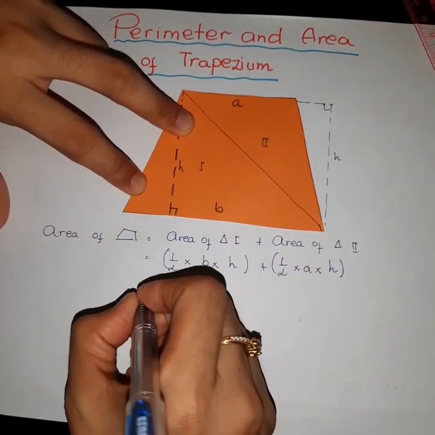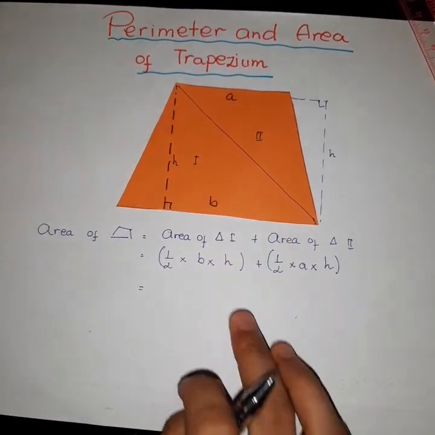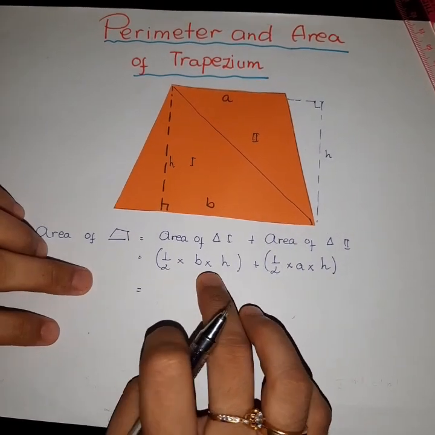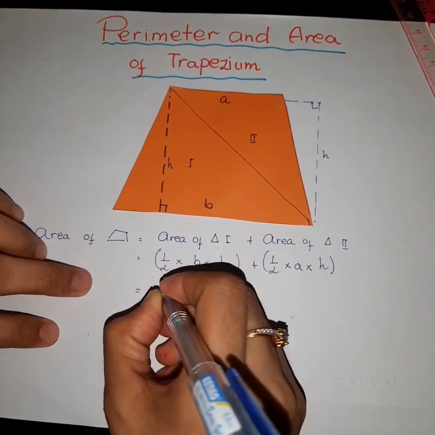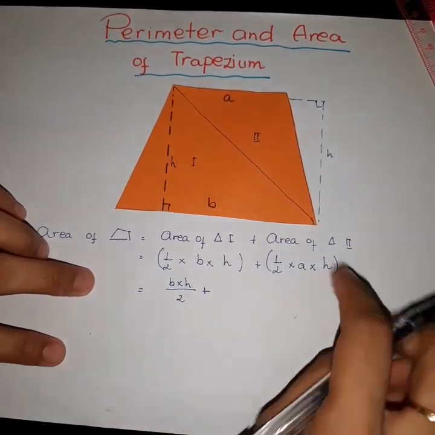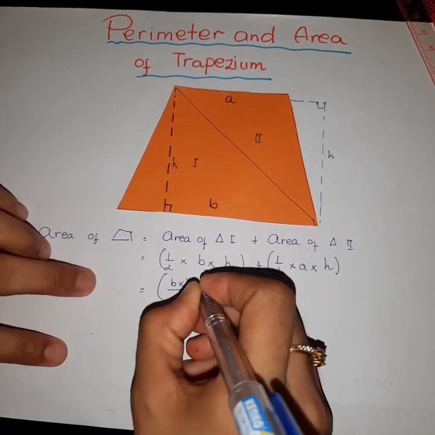Now, at this step, we can write half times B times H as B times H over 2, plus A times H over 2.